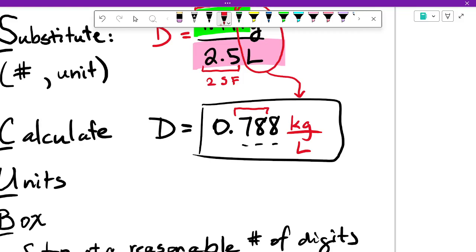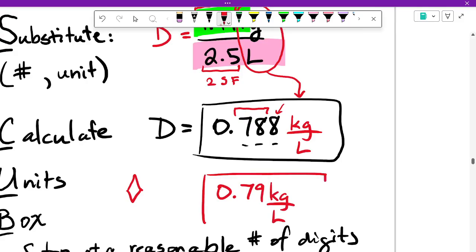So 2 sig figs would be 0.79, and I would have to round it up because I look to the number to the right and I say that is bigger than 5, so I would round it up. Kilograms per liter. Is that good? Okay.